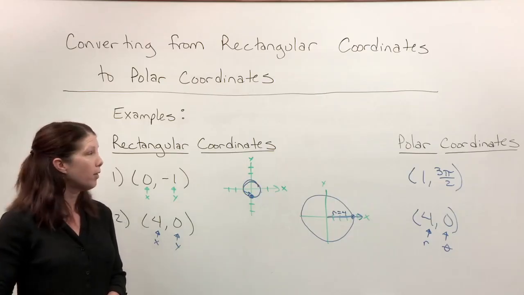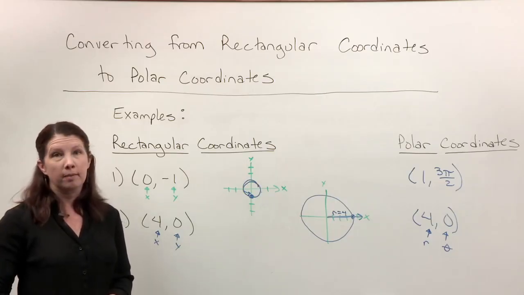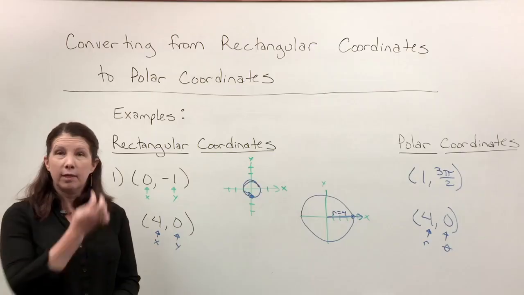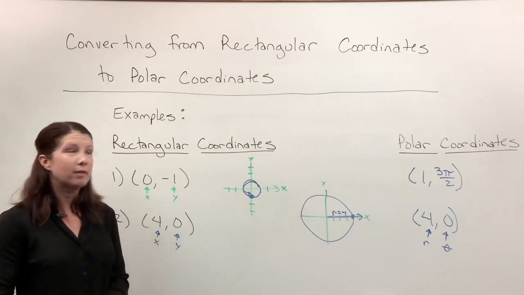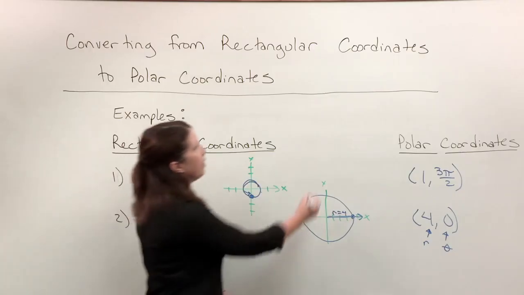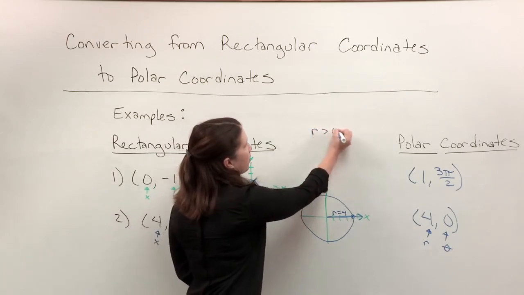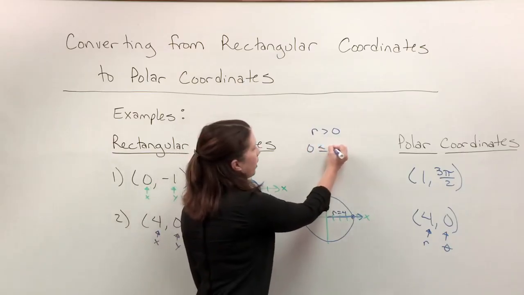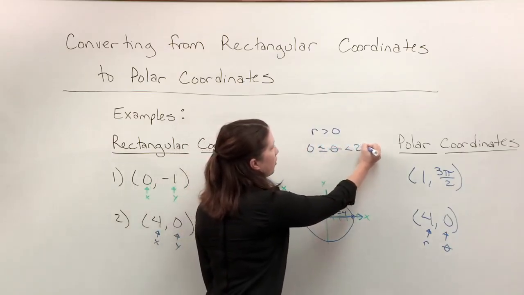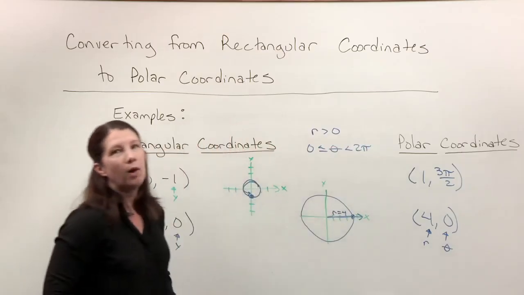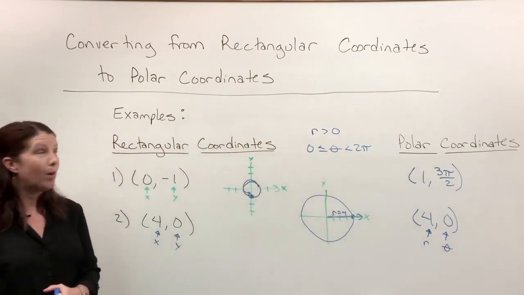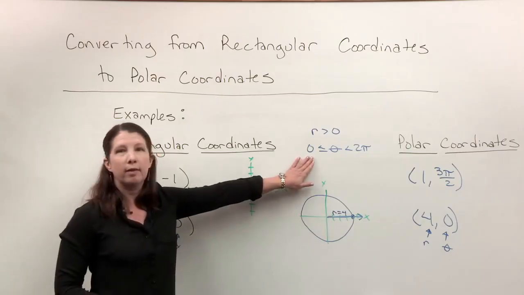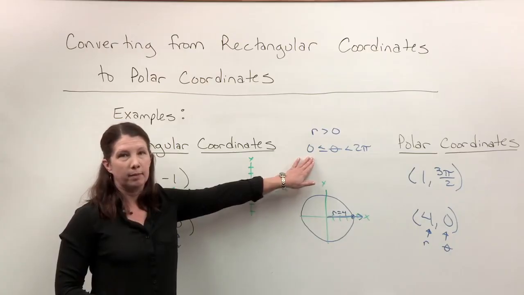So you might have thought that it was 4, 2 pi, which would be a correct representation. But the convention is that the directions will specify, in most cases, that you want an r value that's positive and a theta value that's greater than or equal to 0 but less than 2 pi. So while there are infinitely many representations for these points, you will generally be asked to find this particular representation.